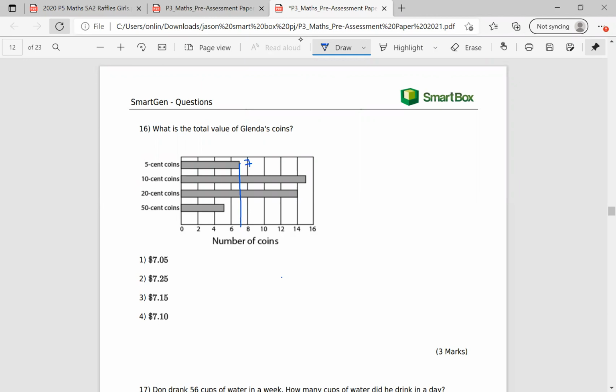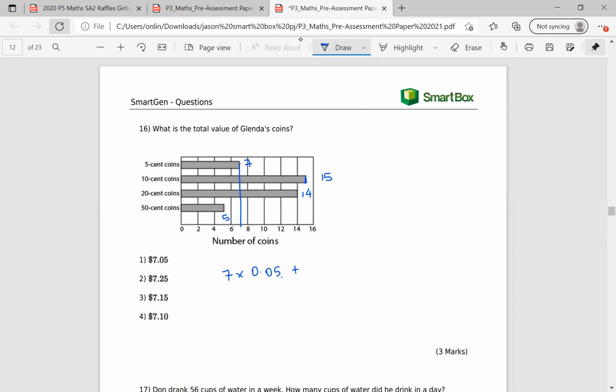And then for this one, it is in between 14 and 16, so we have 15 here. This part here is 14. And then so on and so forth. This part here is 5. So in general, we have 7 5-cent coins.